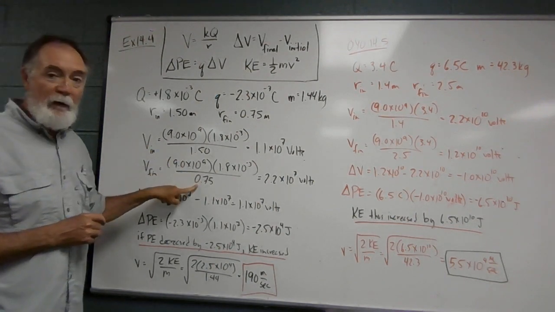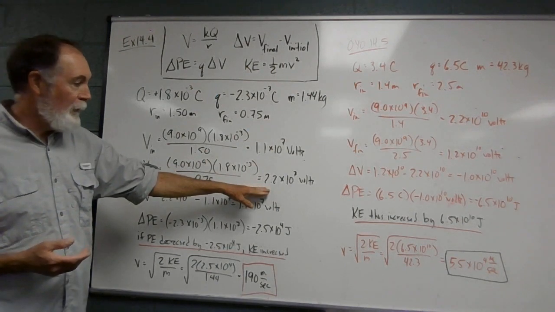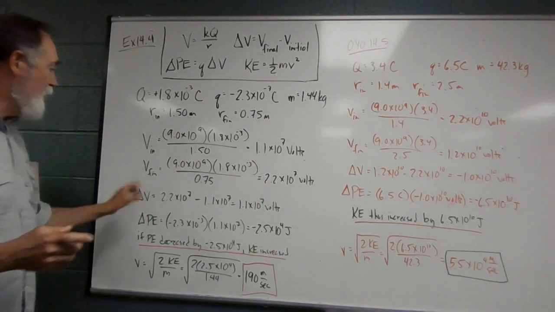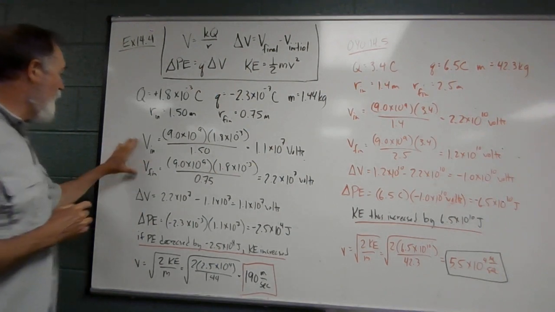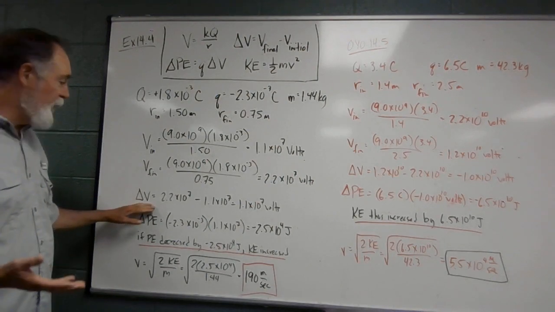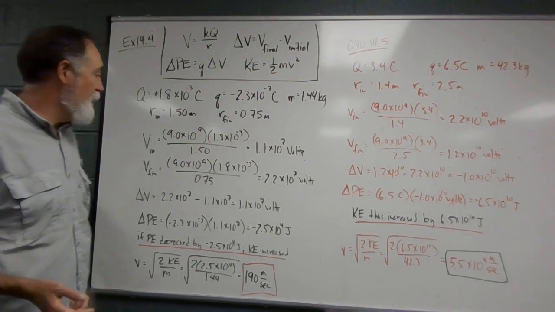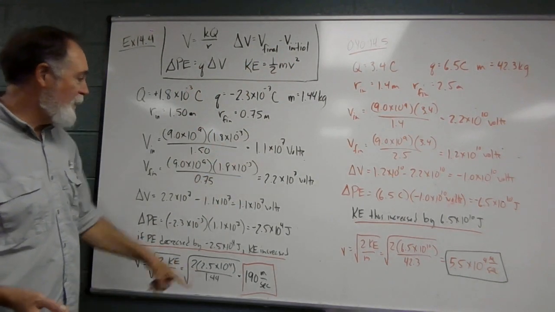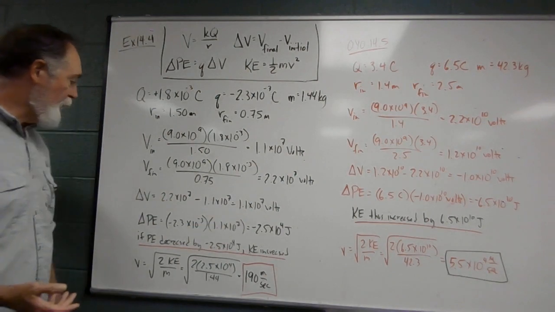Then once it has moved, we want to calculate the same thing. So there's the number of volts between the two charges at that final position. Okay, so we have those two things. That allows us to calculate the change in voltage. And notice that it is the final voltage minus the initial. It's the final minus the initial. So we get 1.1 times 10 to the 7 volts.